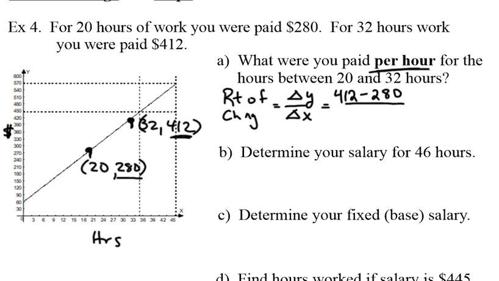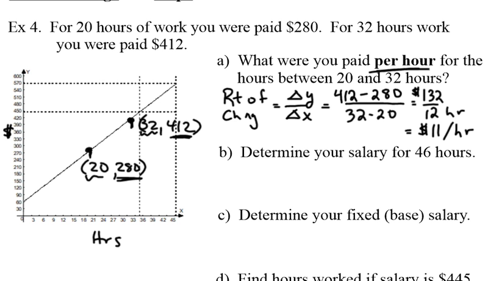Be consistent. 412 minus 280 means our y is 32 minus 20. And 412 minus 280 and 32 minus 20 gives us 132 over 12 dollars per hour, $132 for 12 hours work, which when I divide those in a more reasonable sense is $11 per hour. So we know it would be $11 per hour.